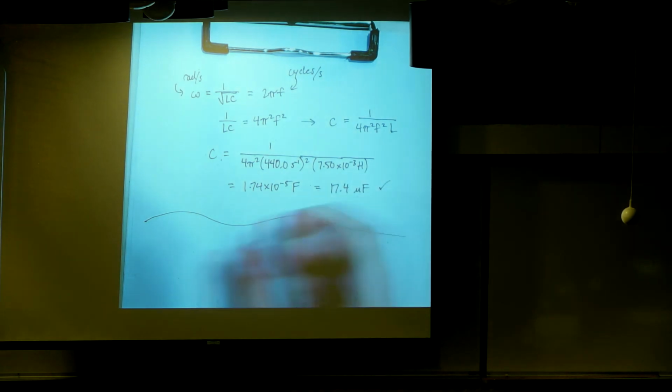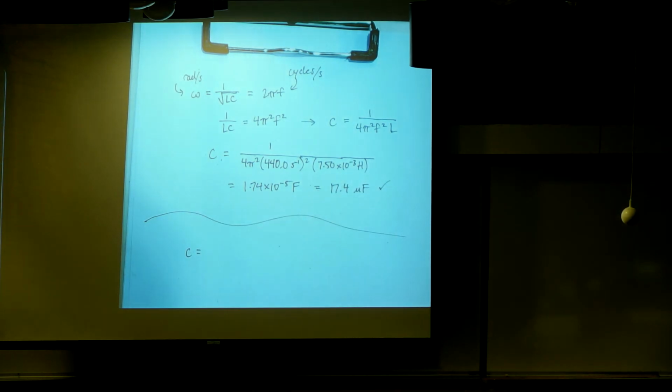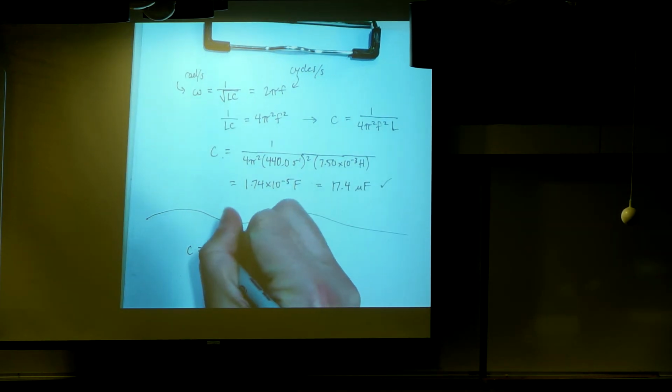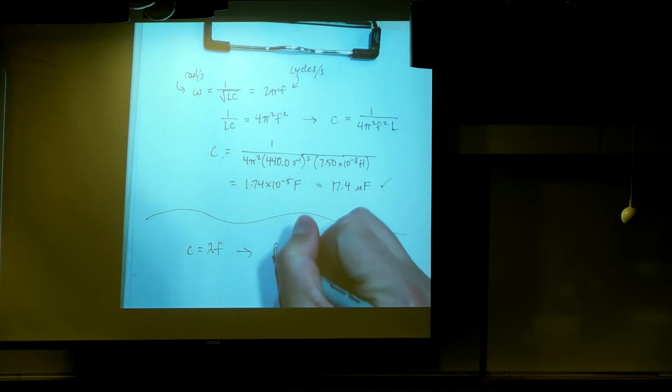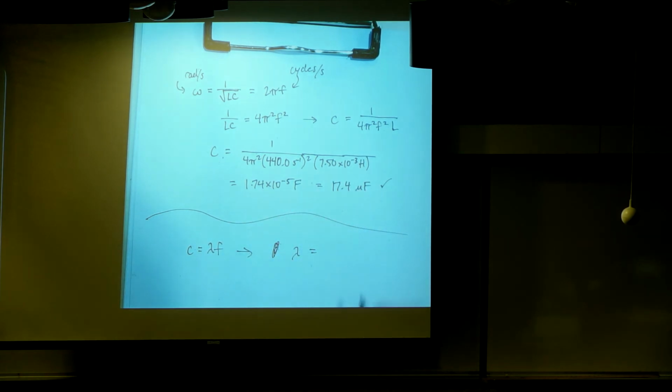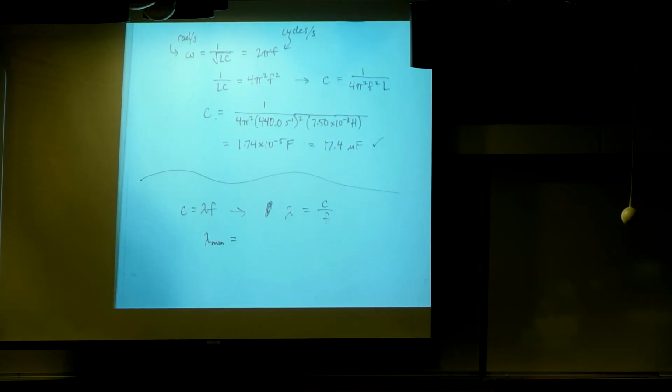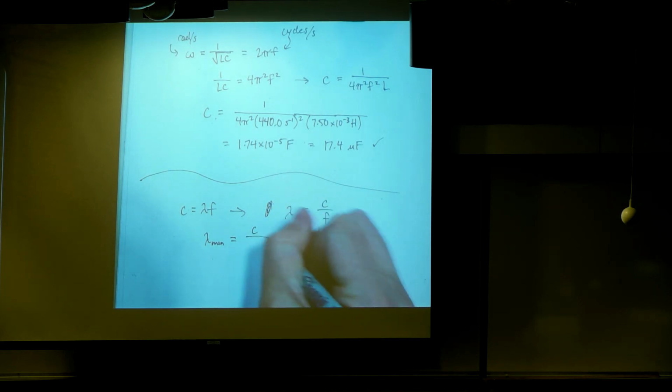Of course, if c, the speed of our wave, lowercase c, is equal to lambda f, then the wavelength lambda is just c over f. So for my minimum wavelength, the smallest wavelength, I want to use the biggest f value because they're inversely related. So that's c over f max.